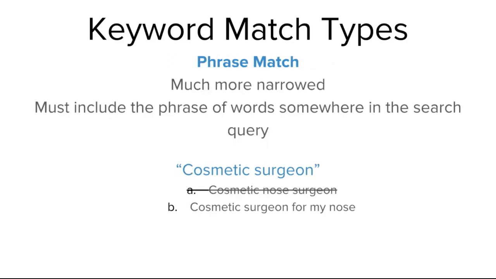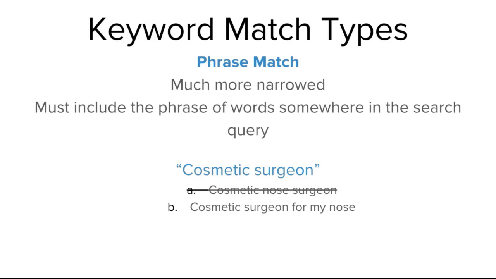All right, next up we have phrase match. This is another really, really good one. It's obviously much more narrowed. So in this particular case, the phrase must include the phrase of words that you put inside the quotation marks. So basically just put quotes around the phrase of words that you want to show up exactly like that.